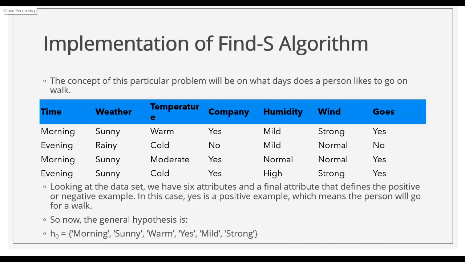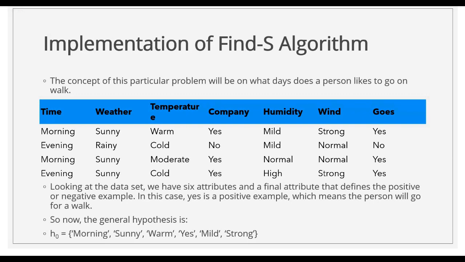Looking at the data set, we have 6 attributes and a final attribute that defines a positive or a negative example. In that case, yes is a positive, which means the person will go for a walk, and negative means the person doesn't go for a walk.